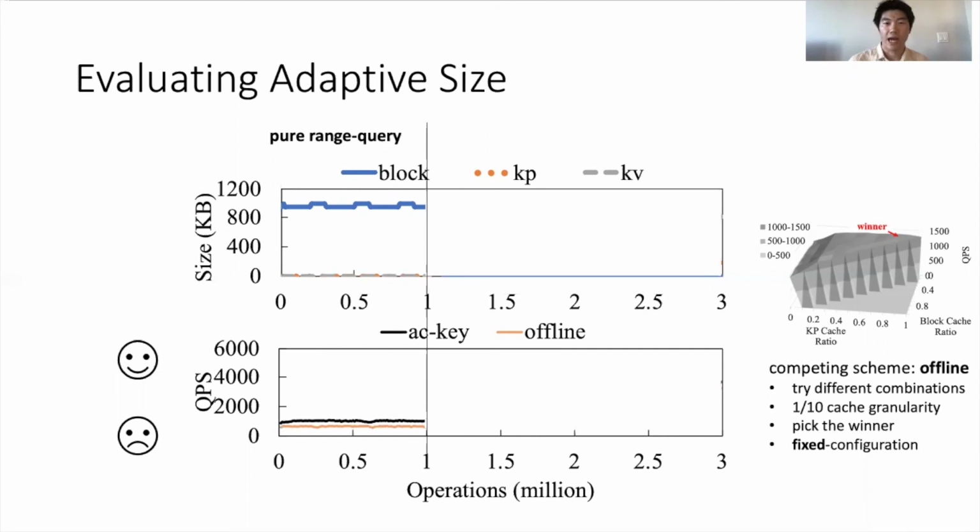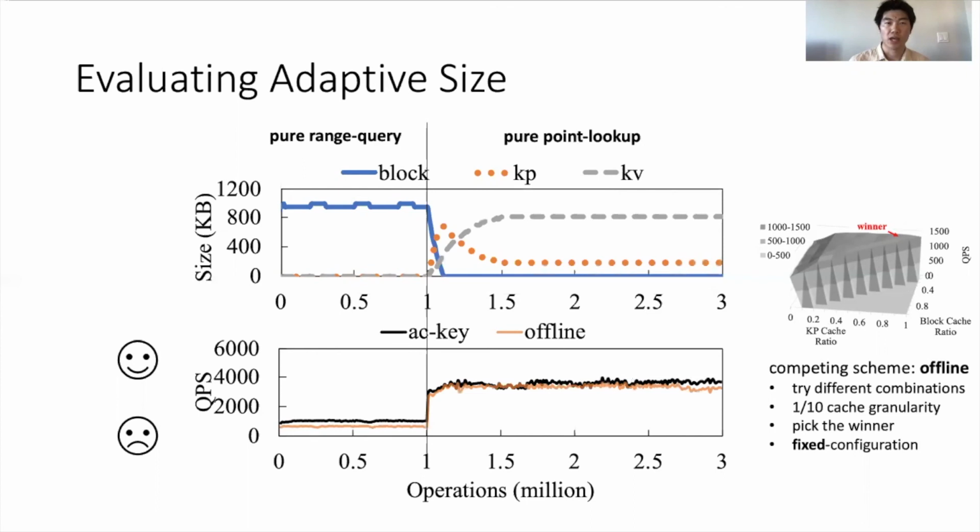After the 1 millionth operation, the workload changes from pure range query to pure point lookup. We can also see from the top figure that AC key has correctly shrunk the block cache all the way down to 0.